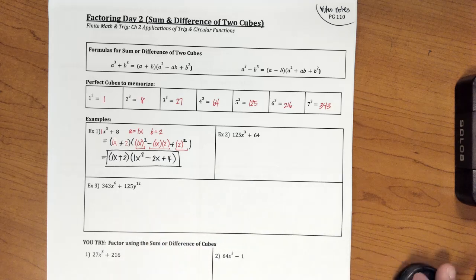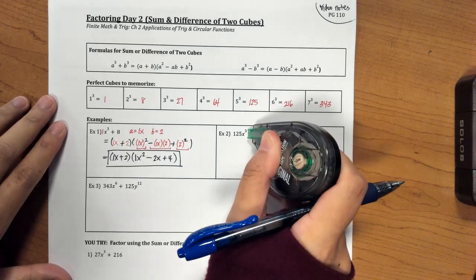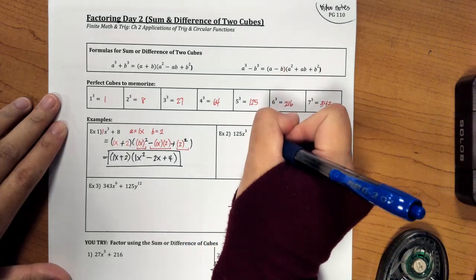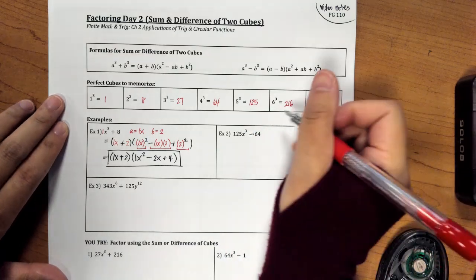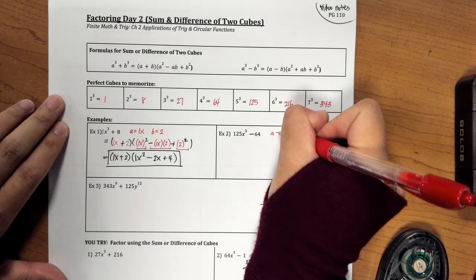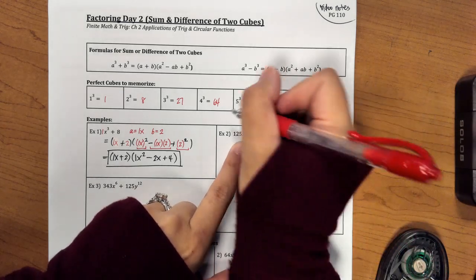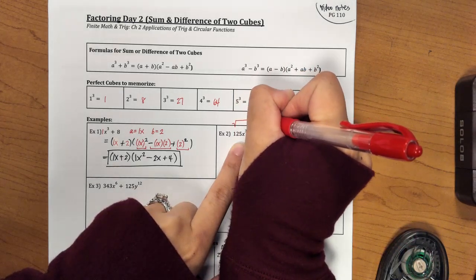Let's do another one. Oh, I did both of these as pluses. Let's change it to a negative just for the heck of it. I'll show you how a negative works. It's exactly the same. But notice the cube root is what you're thinking of here.